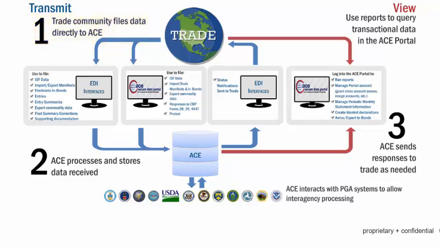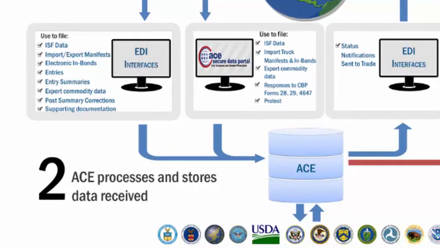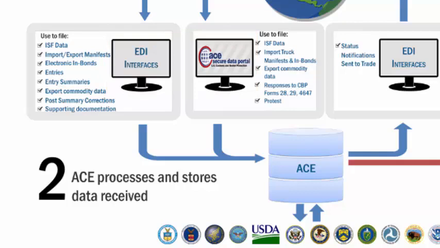The trade community being importers, being forwarders, being NVOs, being customs brokers, and definitely being carriers. We've said a couple of times, EDI interfaces can be used as well as the ACE portal directly. That's the 2 arrows we see feeding down there. But we can see import-export manifests there on the left-hand side.